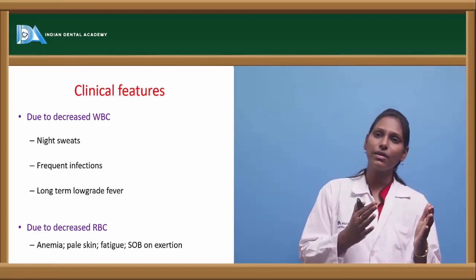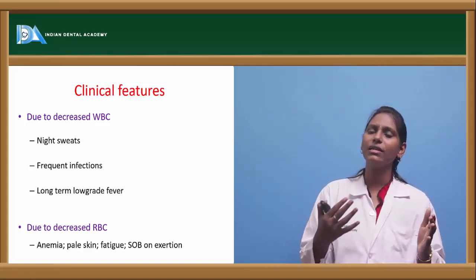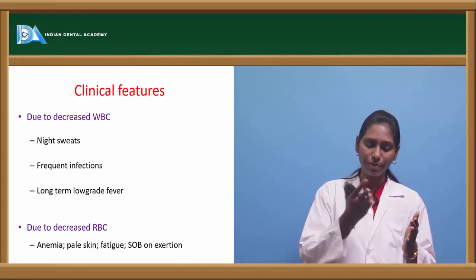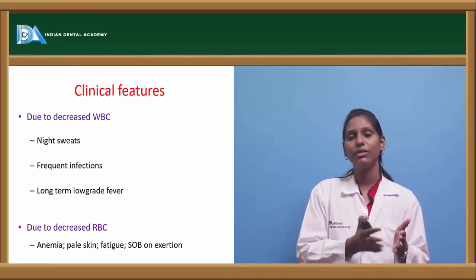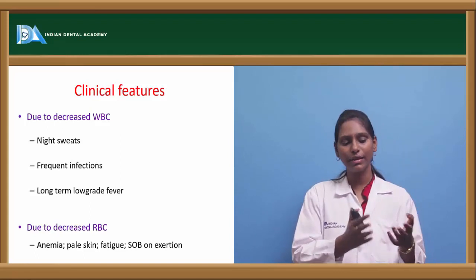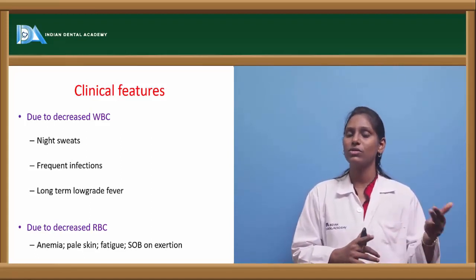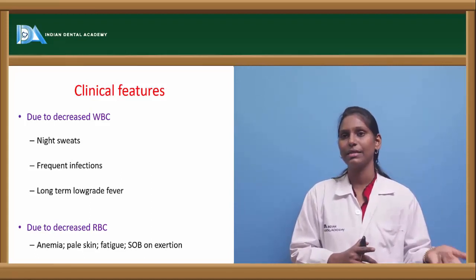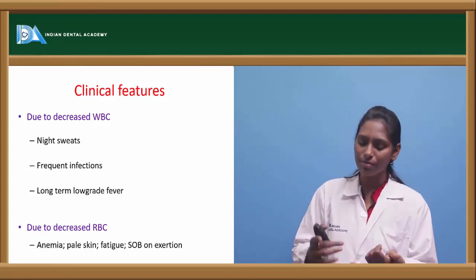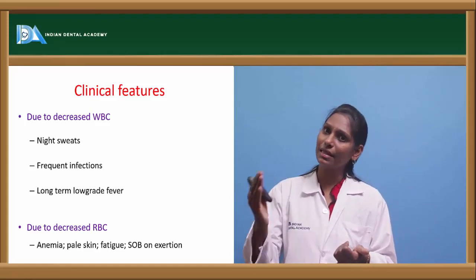Most of the clinical features are because of these immature WBCs. Though the WBC number is high, they are non-functional, that's the first thing. Second, they crowd out the normal cells. Based on that, various clinical features are seen.